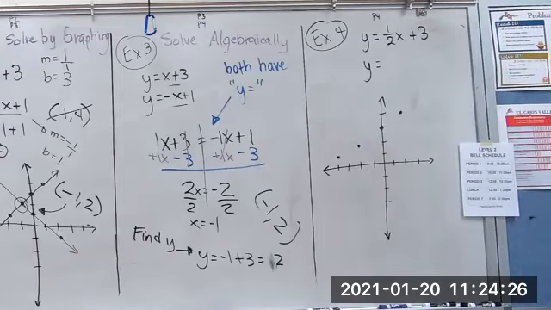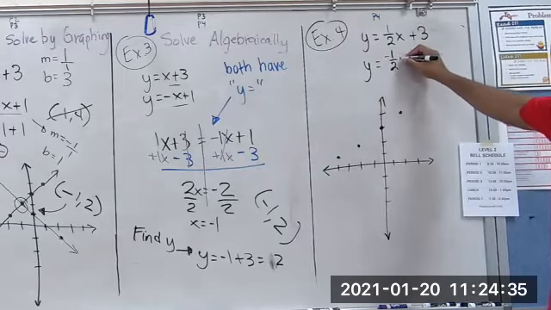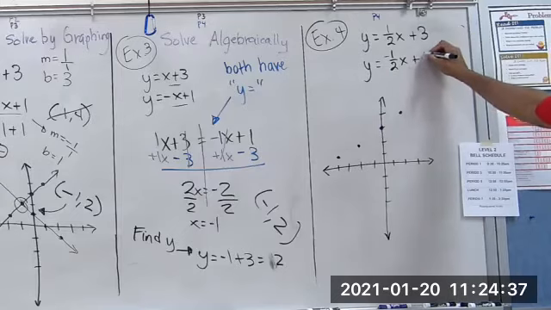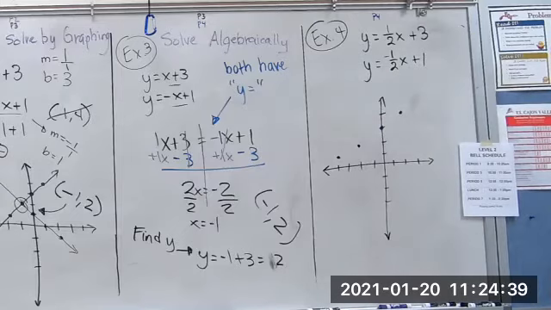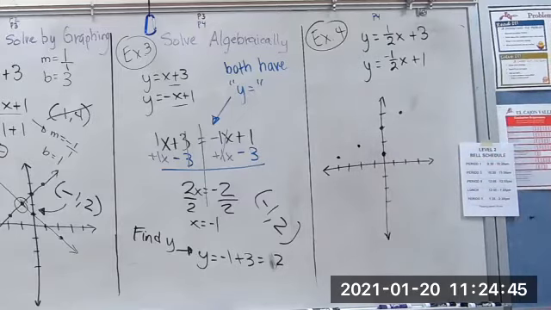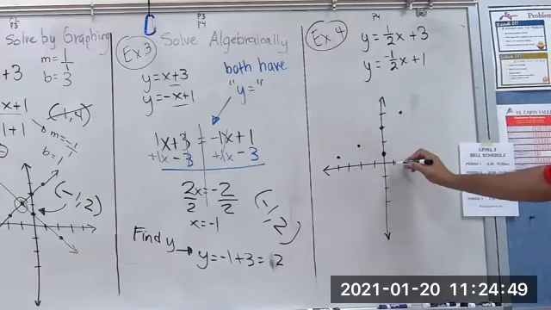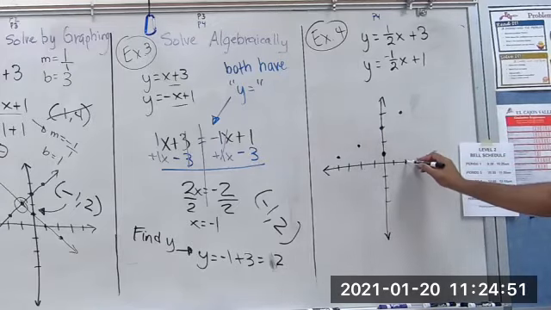Okay. And now the next equation we'll do is, we'll say negative 1 over 2x plus 1. Okay. So now we start that one at 1. Remember, first down 1, and then we always go right.